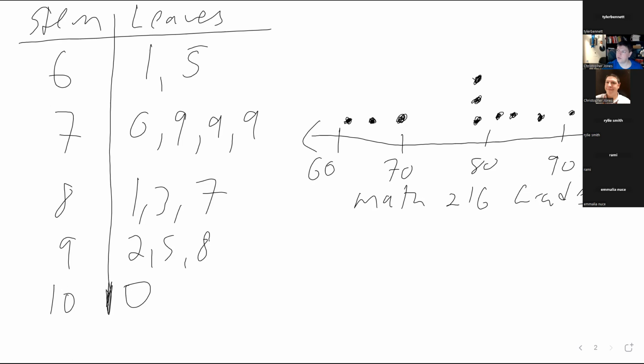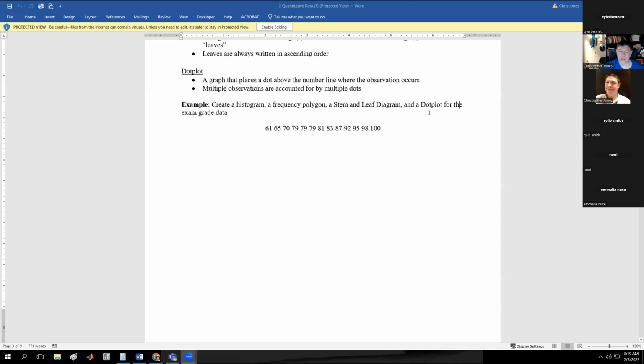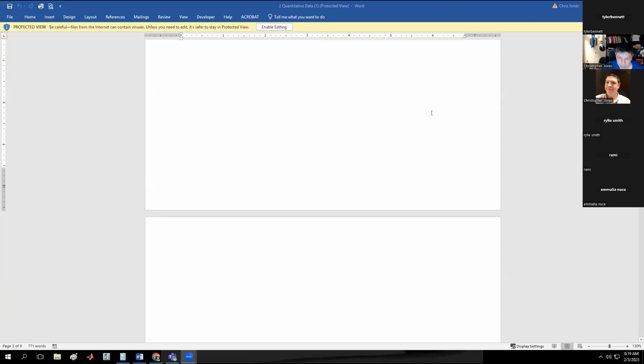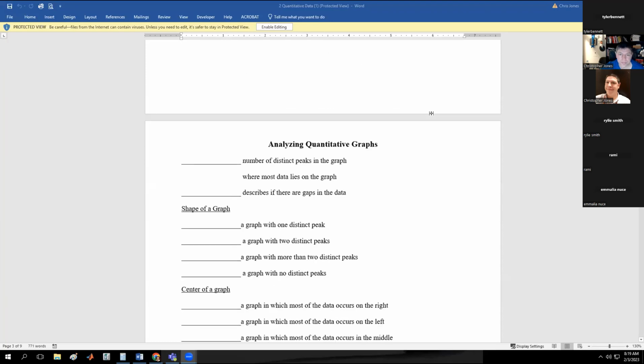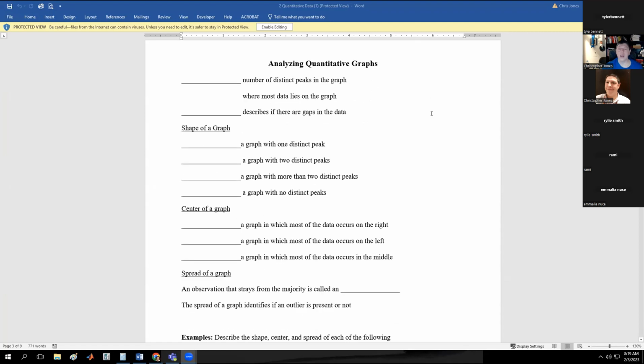Okay, folks. Next thing we're going to do is give some characteristics to some of our histograms. We're going to talk about different ways to characterize our quantitative data.